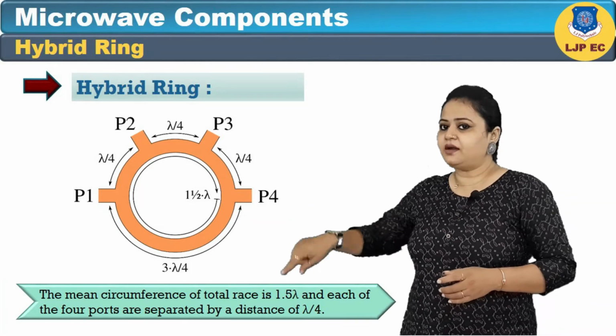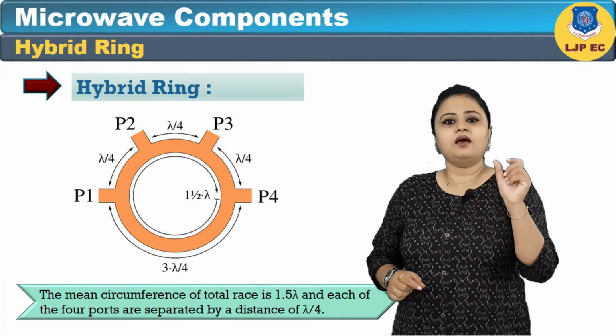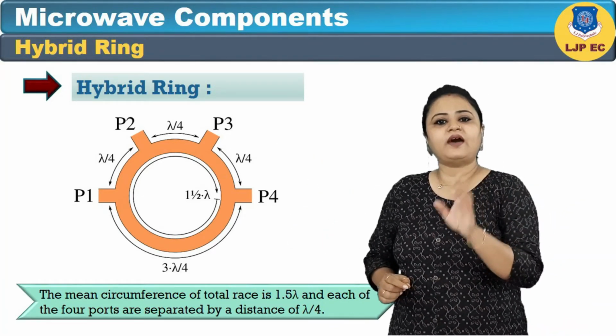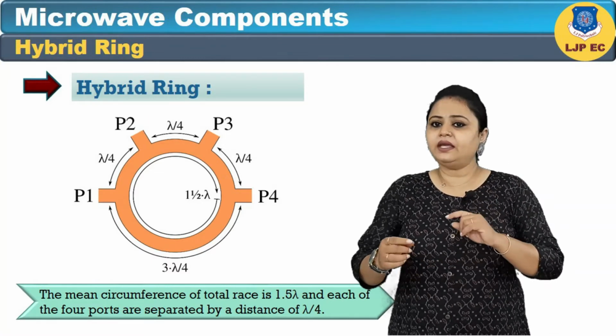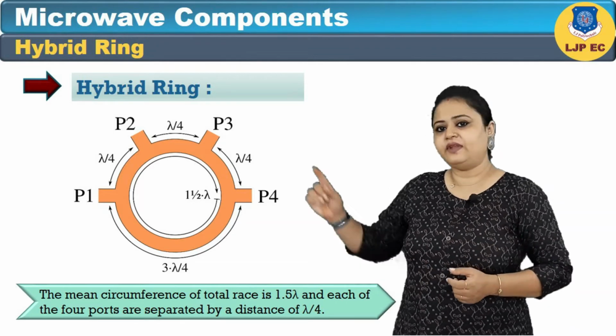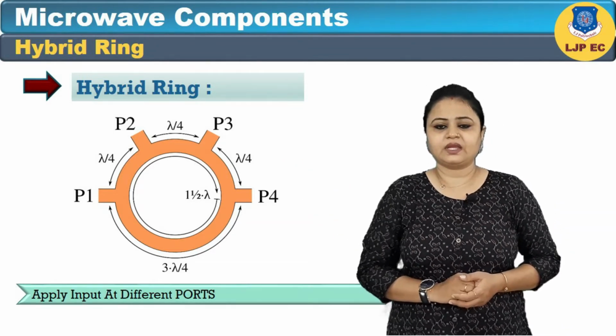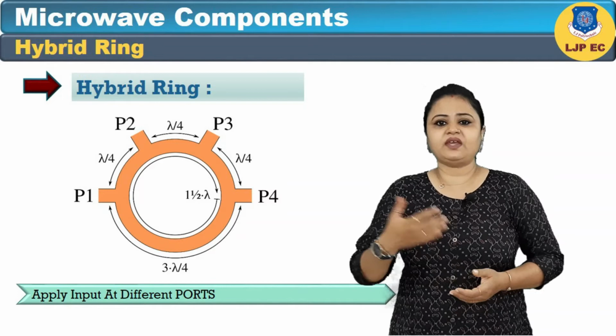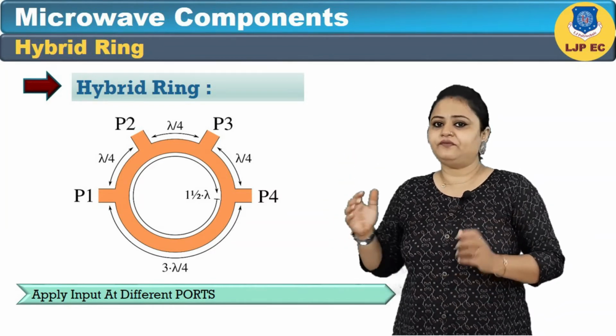The mean circumference of the total race is 1.5 lambda, and each of the 4 ports is separated by a distance of lambda by 4. Now let us see what happens when we apply input at different ports.